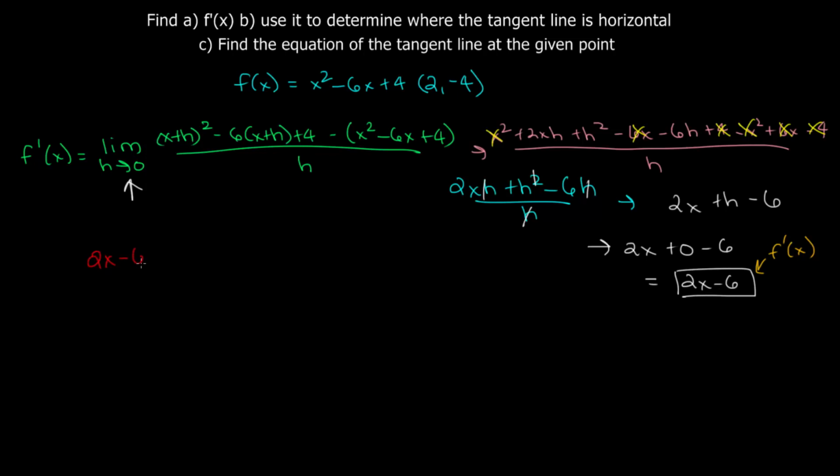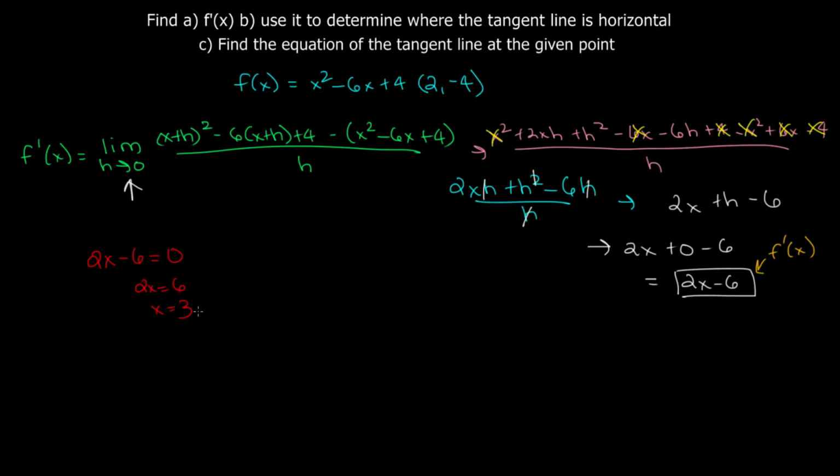We're going to do 2x minus 6 is equal to 0, because 0 is going to be our desired slope. And what this will give us is the x value of the function where the slope will be 0. So if we solve this, we get 2x equals 6, or x equals 3.